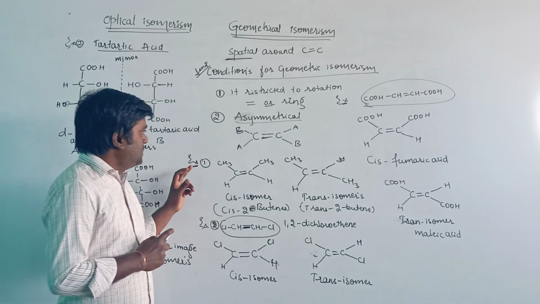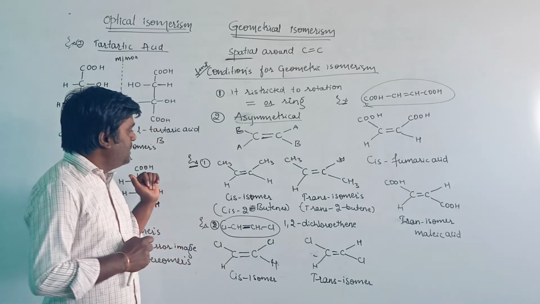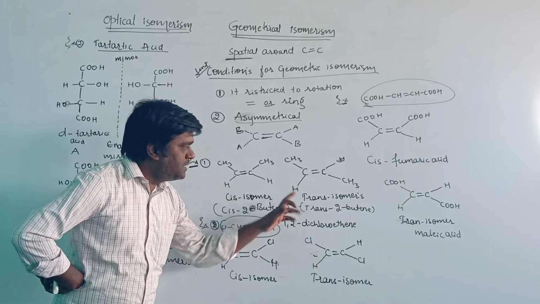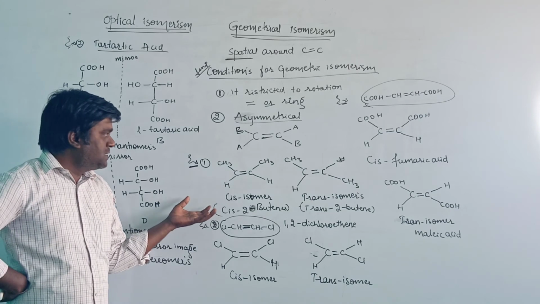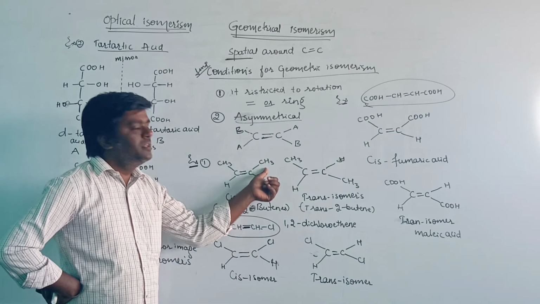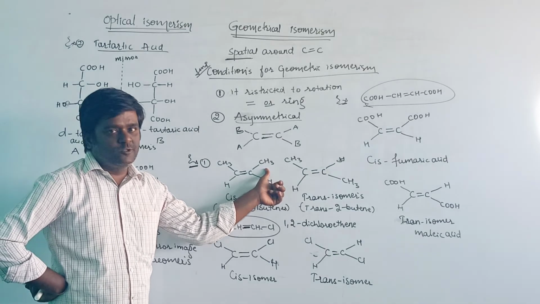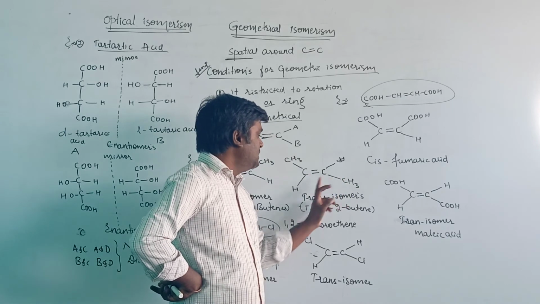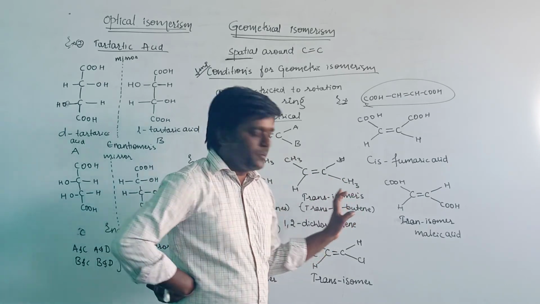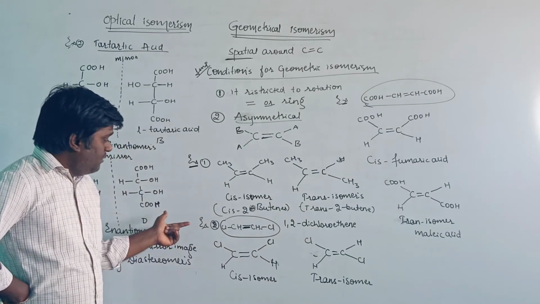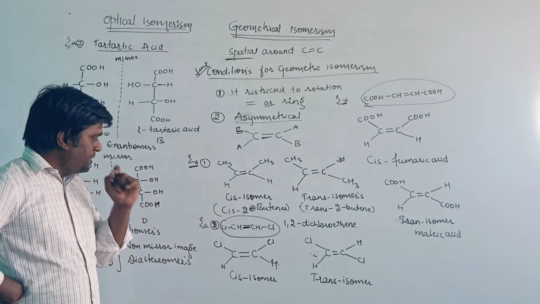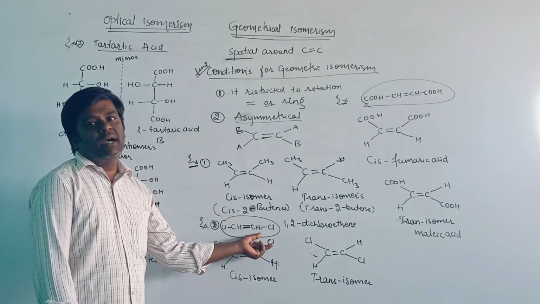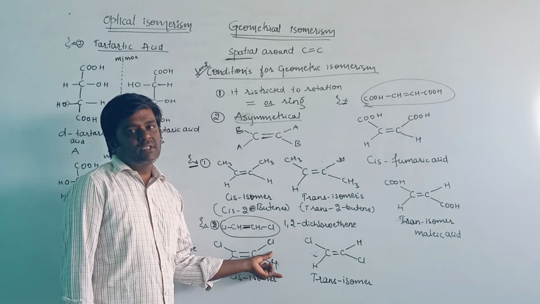Then let us see the examples. 2-butene we can represent in the cis form as well as the trans form. The cis form means the same groups are on the same side, and the trans isomer has the same groups on opposite sides. Then 1,2-dichloroethene: in this compound, the chlorines are on the same side and hydrogens are on the same side.